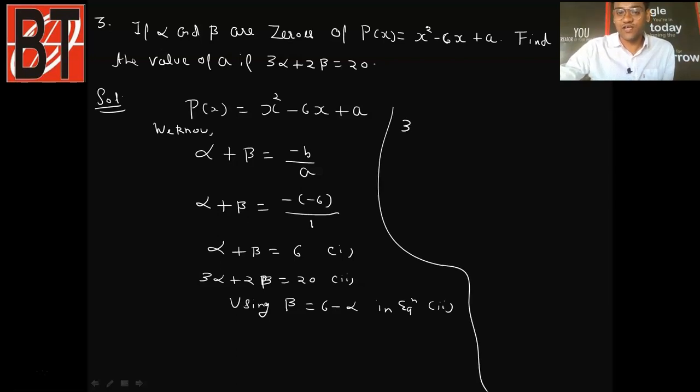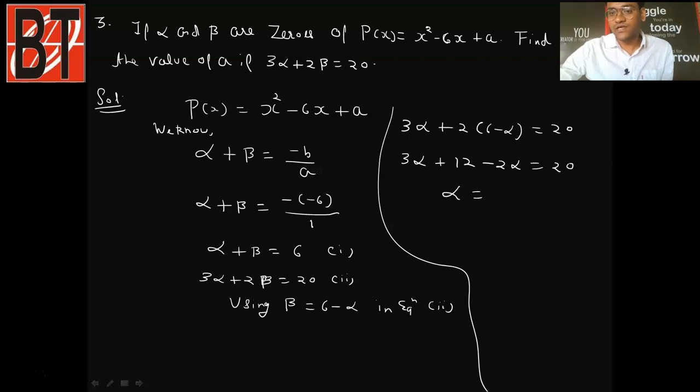So students, what am I going to get? I'm going to get 3 alpha plus 2 times 6 minus alpha, equal to 20. At the place of beta, I'm just writing the value of beta. Now solving that, I'll be getting the value of alpha. Clear? So 3 alpha minus 2 alpha will become alpha, and plus 12 when it goes to the right hand side, 20 minus 12 will become plus 8.